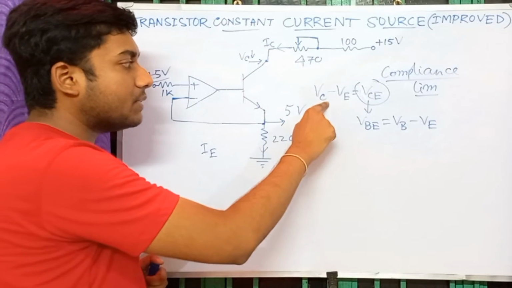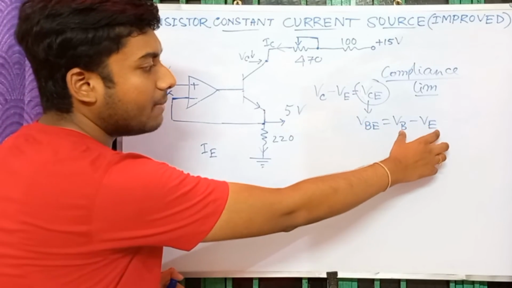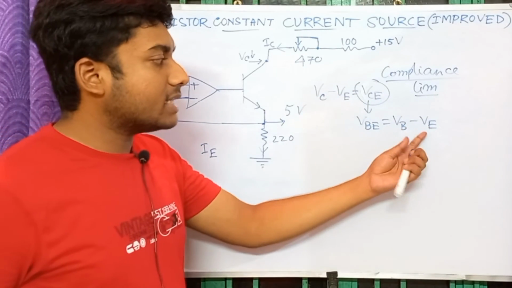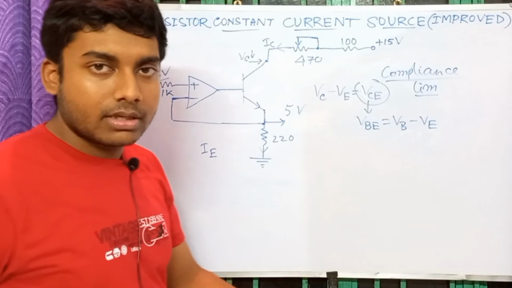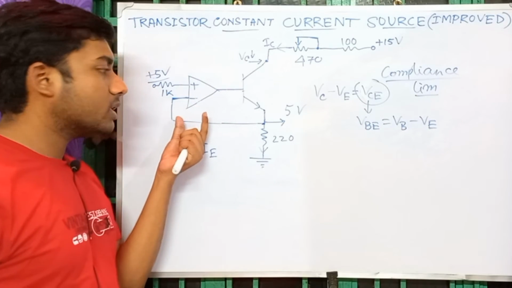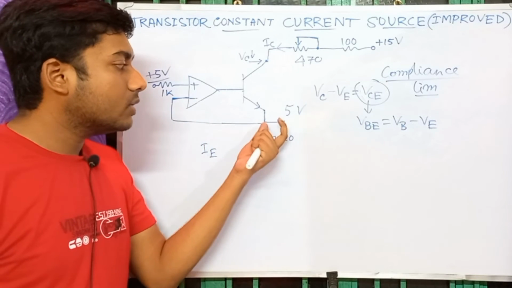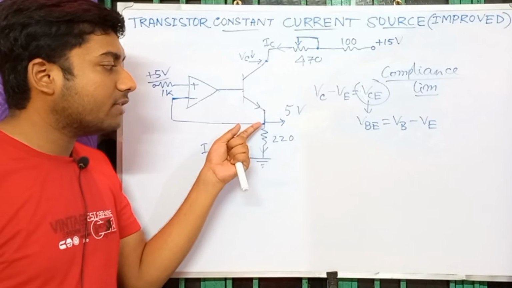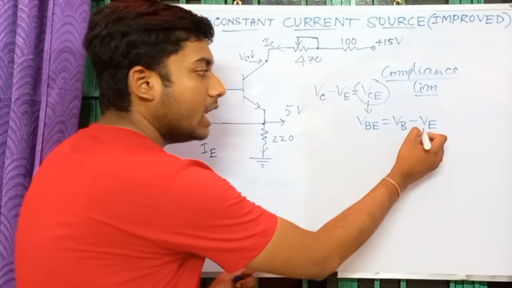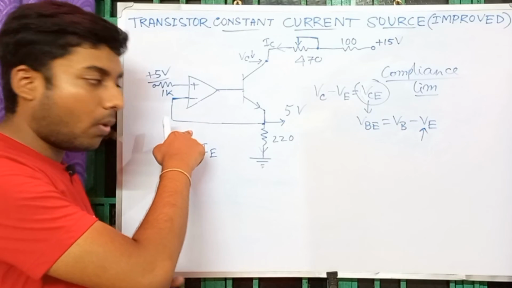That means VC will change, and VE would change, but that will not change because of the operation of the op-amp. The op-amp will work in such a way that it maintains this voltage VE.